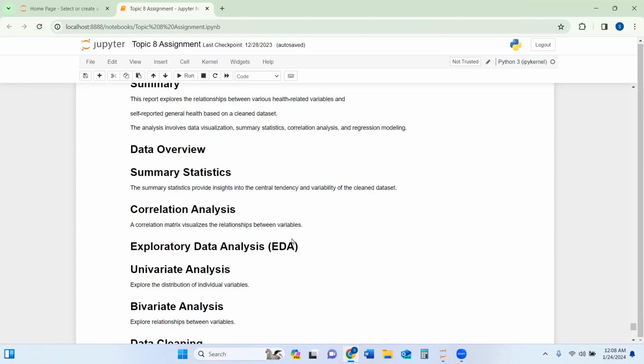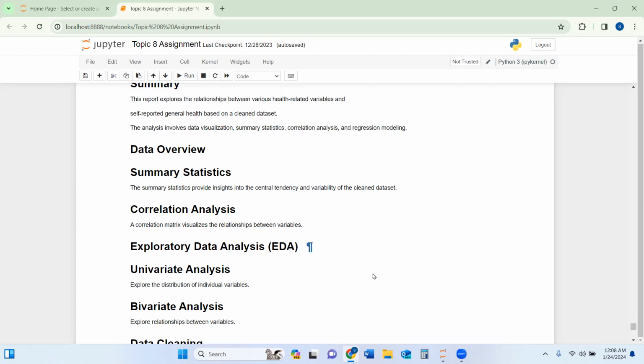The summary statistics provide insights into the central tendency and variability of the clean dataset. A correlation matrix visualizes the relationship between variables, and the EDA uses univariate analysis to explore the distribution of individual variables, and bivariate analysis to explore relationships between variables.